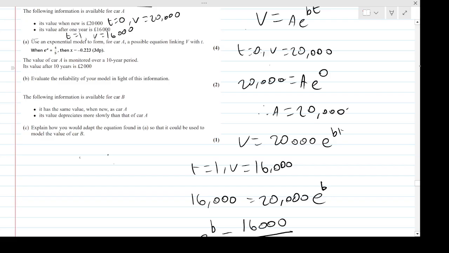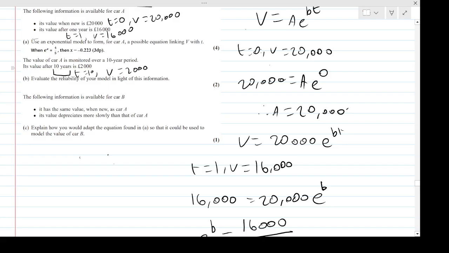That's the model then. So again, if it says exponential model, you should be thinking ae to the bt, an equation like this. Then we're told the value of the car is monitored over a 10-year period. The value after 10 years, so t is 10, is 2,000. It says evaluate the reliability of your model in light of the information.